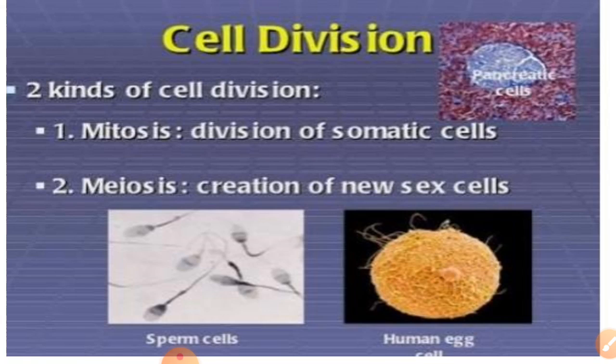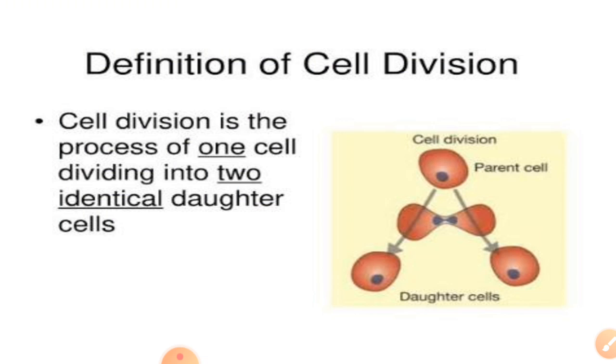Now next is cell division. What is cell division? Cell division means new cells are formed in an organism in order to grow. When the organism grows, see here is one organism, and here it is divided into two parts.